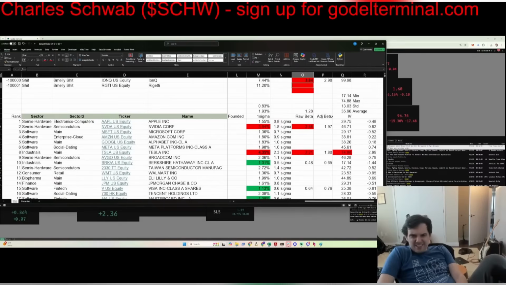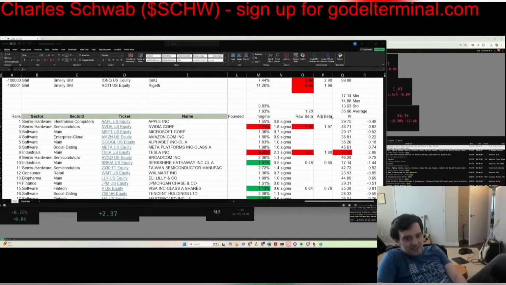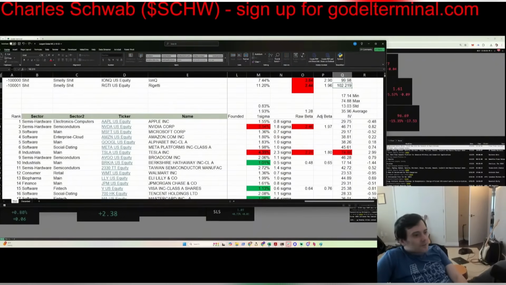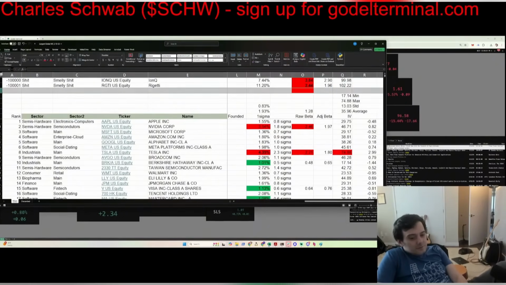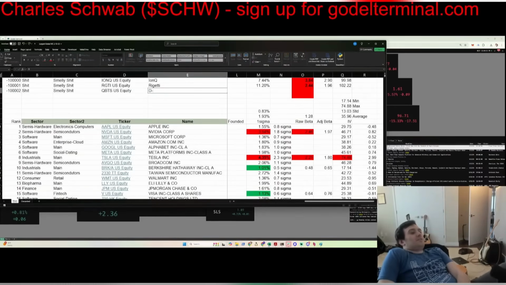How about beta? Shocking, Rigetti has lower beta than IonQ. And how about implied vol? I was going to say, in my head I was thinking it's probably the same. And it is roughly the same. Yeah, we could do the ATR as well. Let's look at D-Wave. This is the whole bag right here.